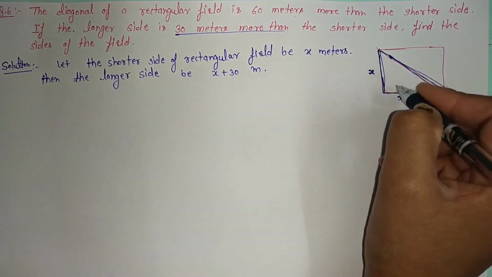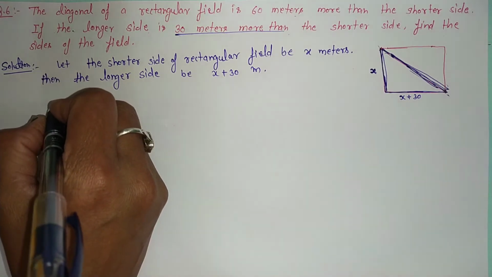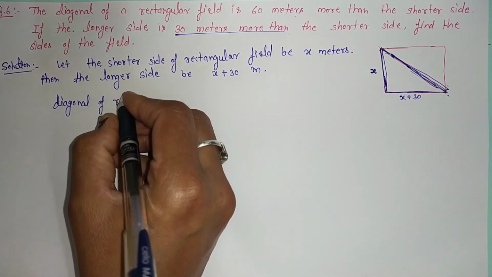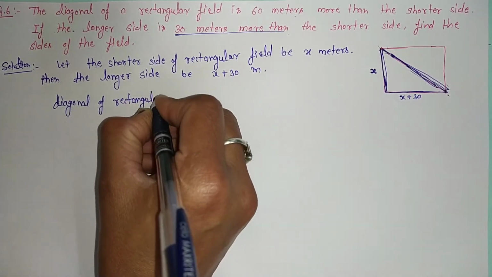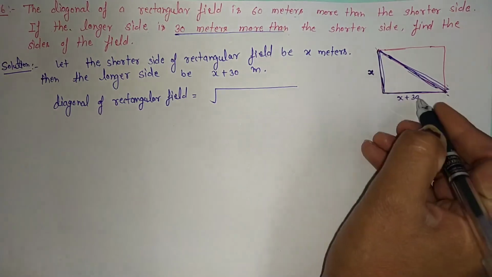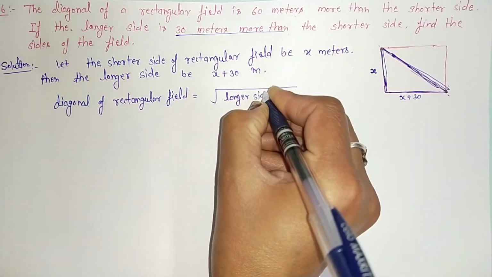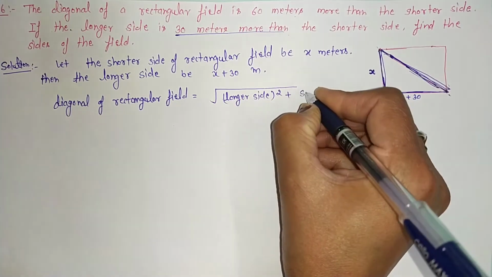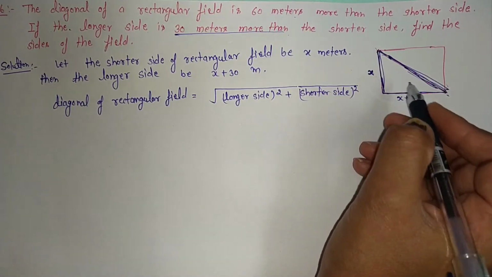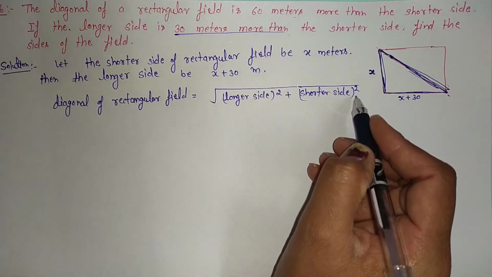Then by applying Pythagoras theorem, the diagonal of the rectangular field is equal to square root of the square of the longer side plus the square of the shorter side.